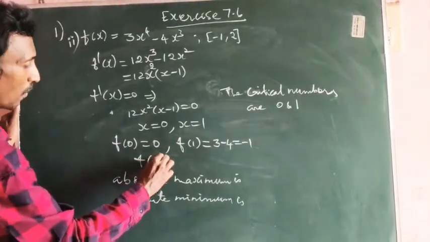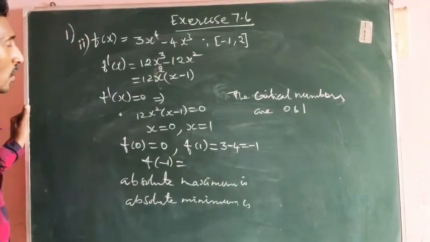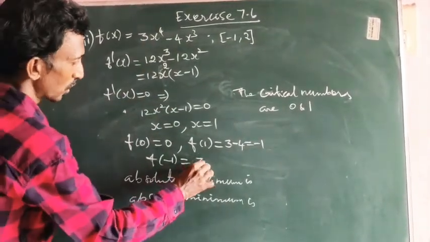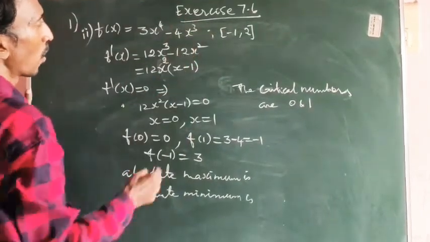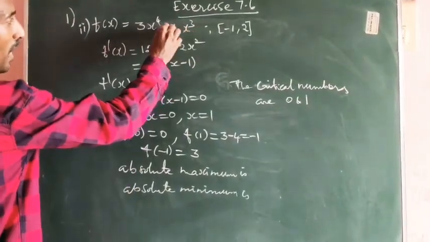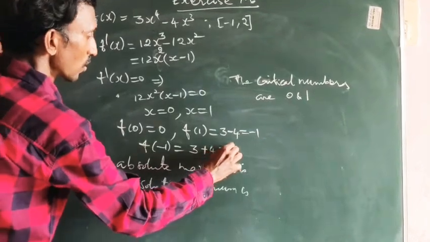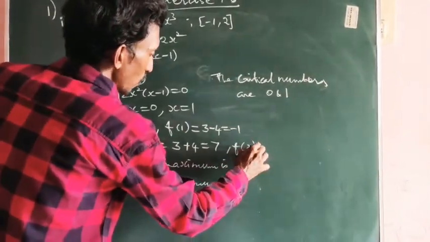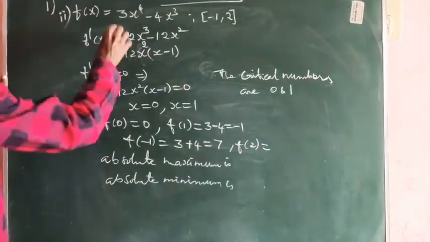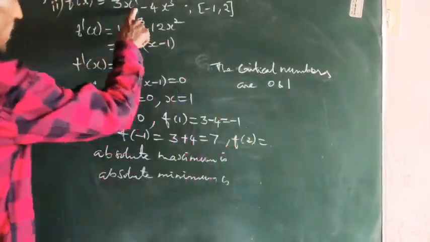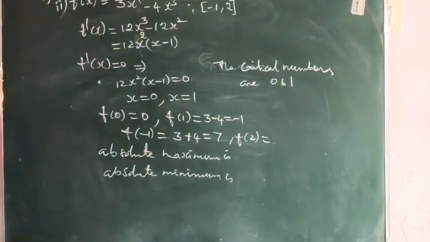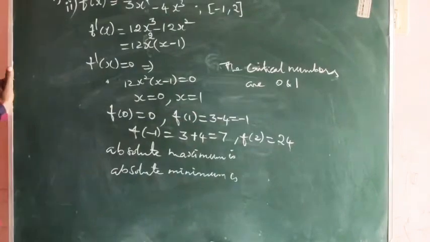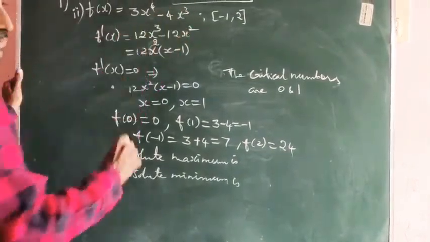Similarly, find f of minus 1, put the lower limit. Minus 1 the whole power 4 plus 1, so 3; again minus 1 the whole cube is minus 1, minus into minus plus 4, so we are getting 7. And again, put x equal to 2: 3 into 8, 2 cube is 8, so 3 8s are 24.